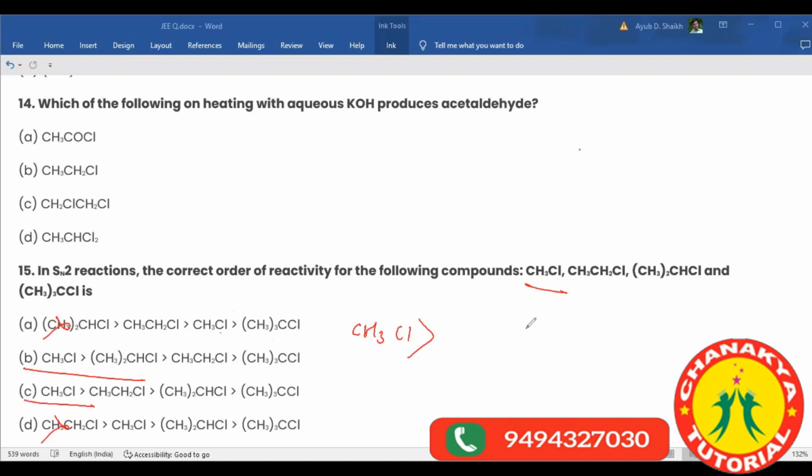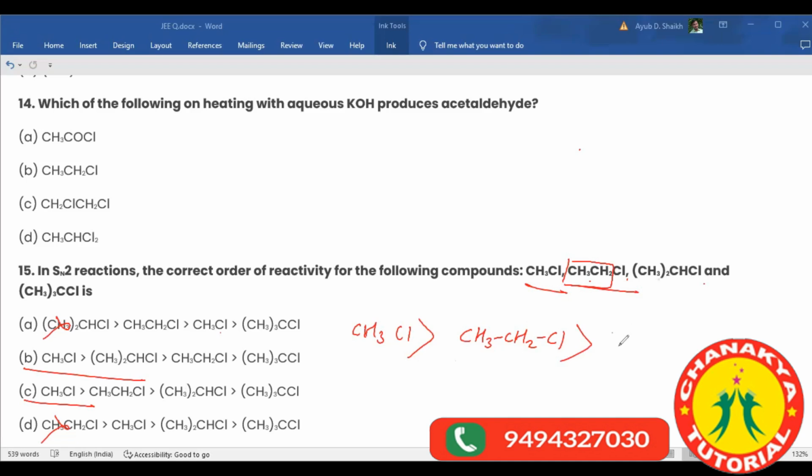Yes or no? Yes, ma'am. Now the next one would be what? CH3CH2Cl. This is also primary, isn't it? This is also primary, but this R group is quite bulky. So CH3Cl comes first, it's option C, right? Yes. So option C would be the correct answer. And then this one would be (CH3)2CHCl.